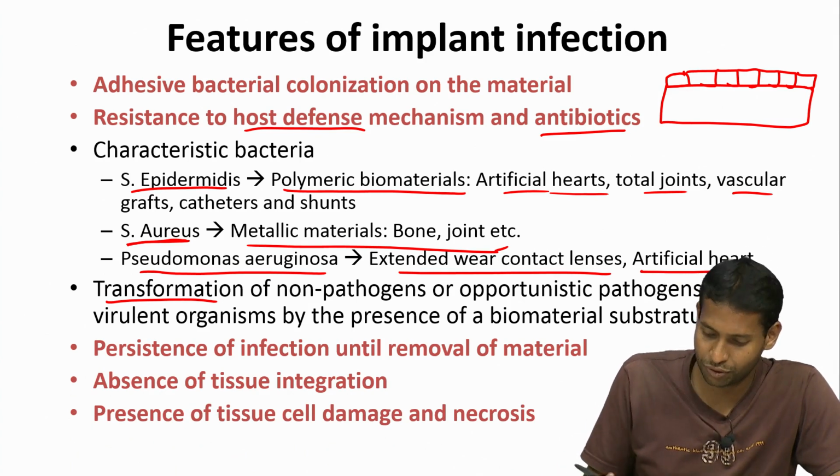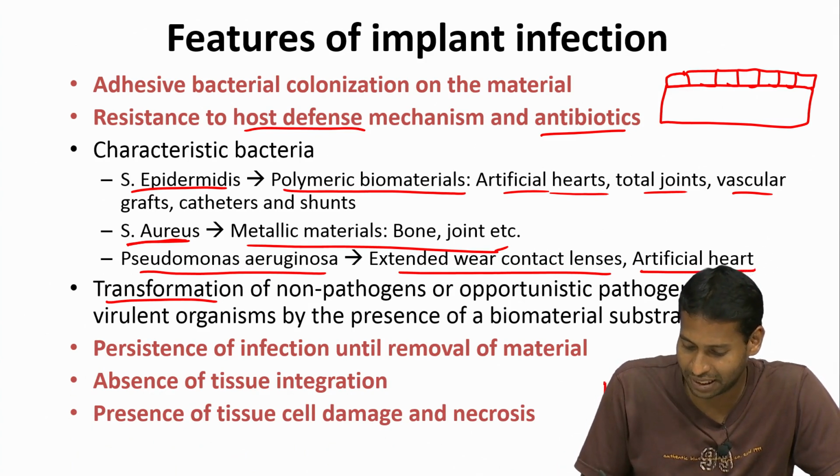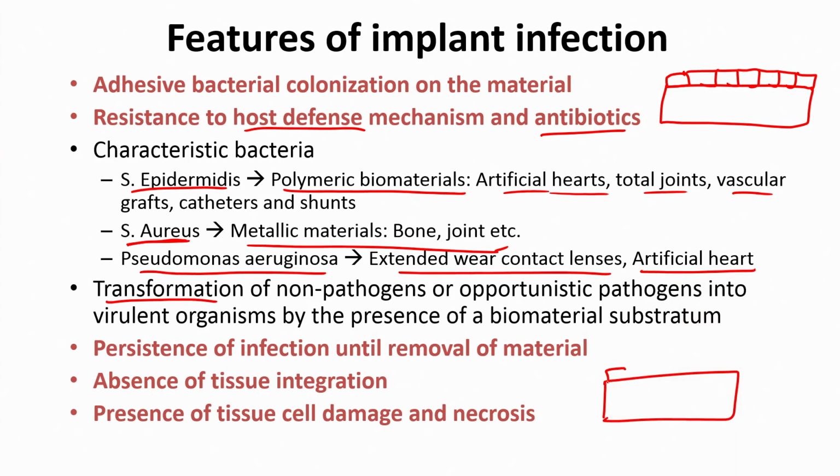And again just to give you a further example of what will happen, let us say this was a material that is infected by the bacteria. First of all, it is going to start repelling your own body cells from coming in. So, the body cells cannot really attach to it, so the tissue integration will not happen, it can't really secrete ECM, it can't form good bonds with this material.